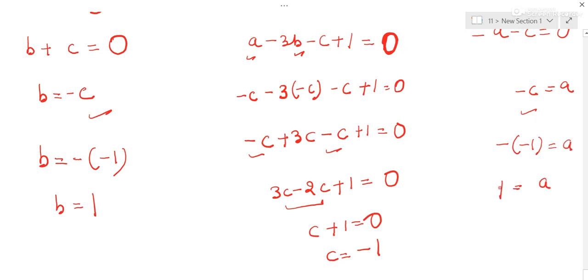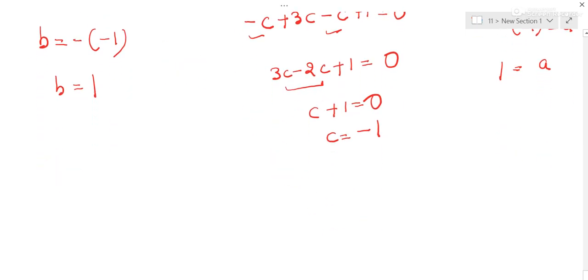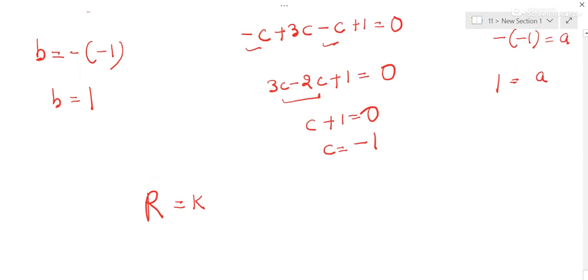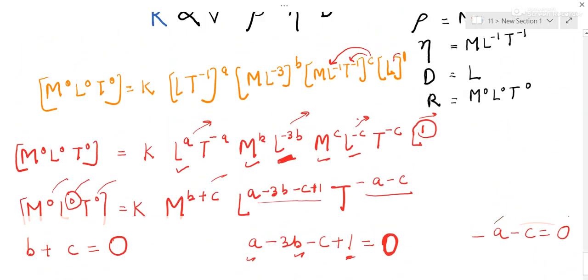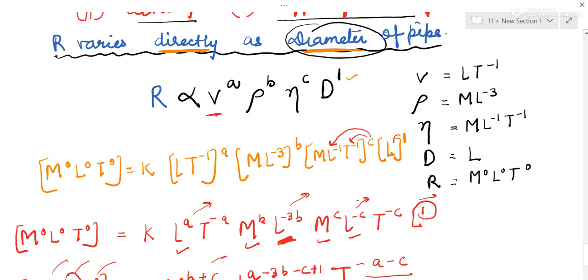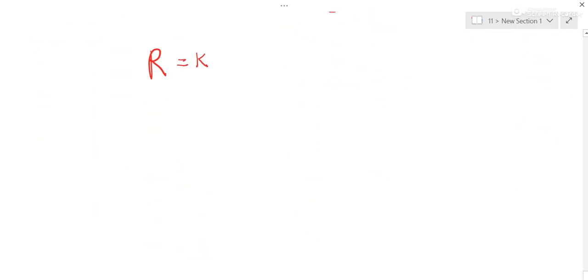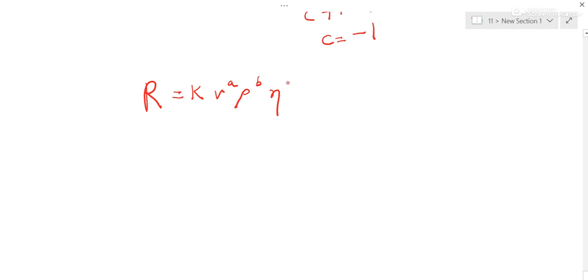A is 1. So the most important step was this one, that Reynolds number is directly proportional to diameter to power 1. Okay, so A, B, C are done, so we can substitute. So Reynolds number is proportional to, or you can say equal to, constant times V to power A, rho to power B, eta to power C and D to the power 1.